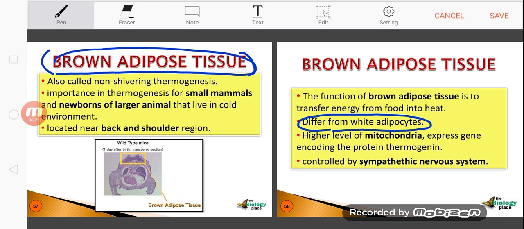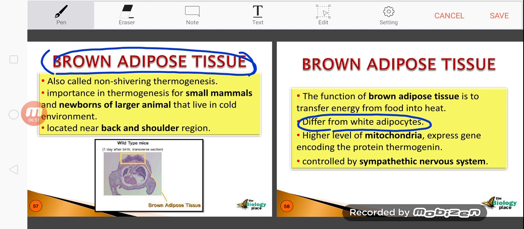Brown adipose tissue will use the energy from food or the food storage and convert it into heat, totally used to produce heat. Whereas the white adipocyte contains fat or lipid, and will use that fat when the person has no more energy sources like glucose or protein.